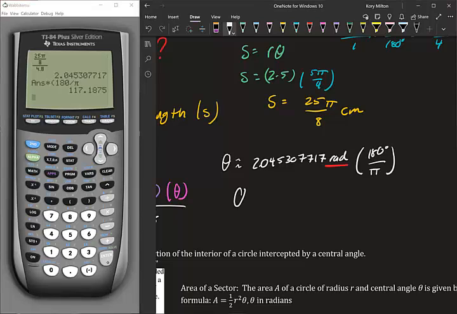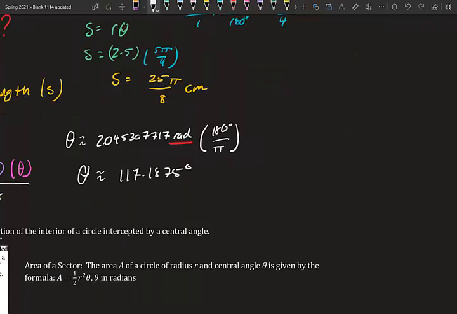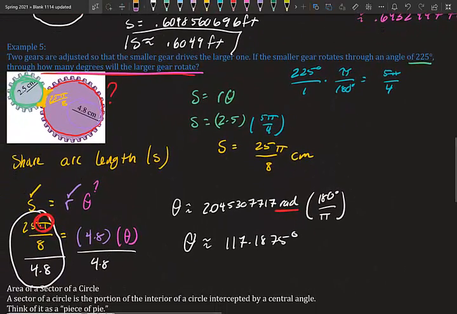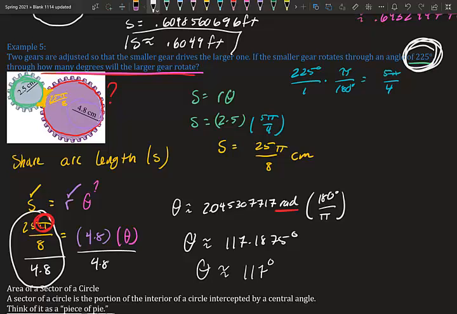And we get approximately 117.1875 degrees. But we need to figure out how many significant digits we have. Only at the end do you round and use significant digits. So we have only 3 significant digits. So theta is approximately 117 degrees.